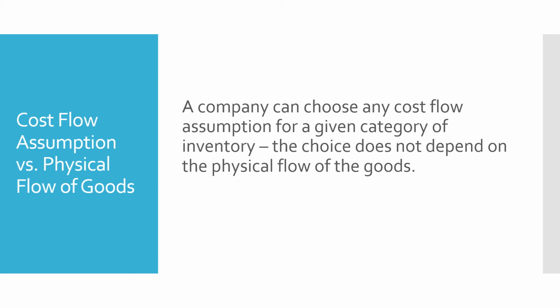We could use FIFO for our perishable goods. We could use weighted average unit costs for our canned goods, and so on. So a company can choose whatever cost flow assumption that it wants to choose. Once it chooses a cost flow assumption, it needs to consistently use that cost flow assumption, but a company can use different cost flow assumptions for different categories of inventory.